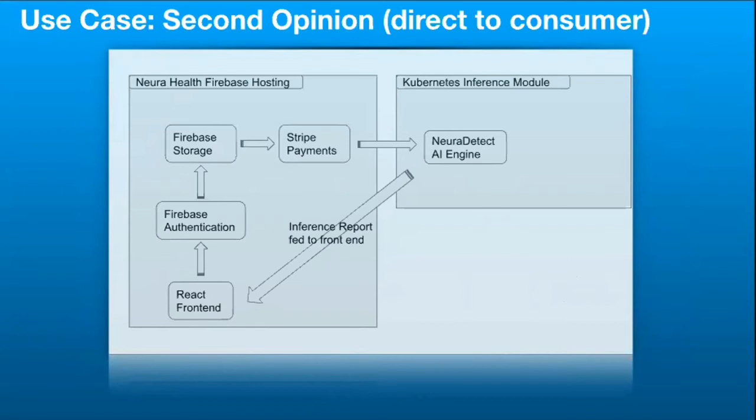This is the user and data workflow for the second opinion use case for Neura Detect. Here, the user can interact with our web portal that's built using React.js and hosted by Firebase. The authentication is done using a Google account through Firebase. The user uploads 4 mammography images. That's all we need; that's all that is taken during that early screening exam for breast cancer.